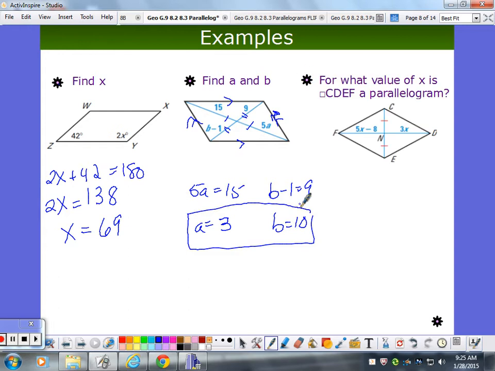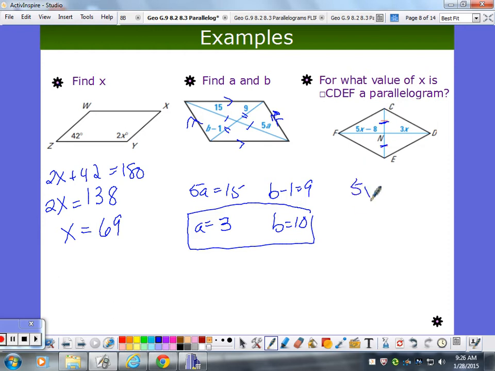And then here's another question. This is an example towards the bottom of page 1. For what value of x is quadrilateral CDEF a parallelogram? So I already know that this piece is congruent to that piece, so this is bisected. For it to be a parallelogram, this one would have to be bisected as well.